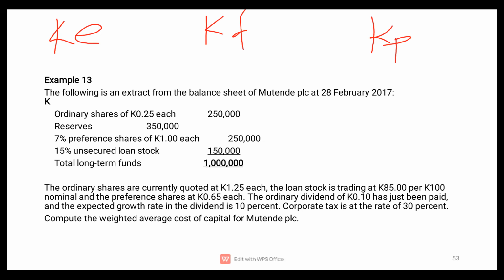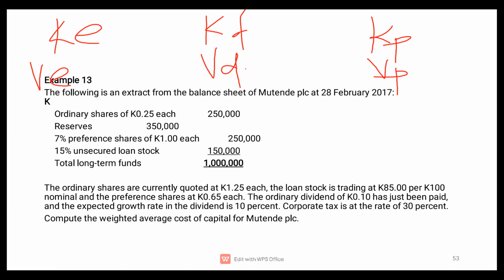Then you need the value of equity, the market value of the debt, which is the loan, and the value of the preference shares. Once you find these, then you can easily calculate the weighted average cost of capital.